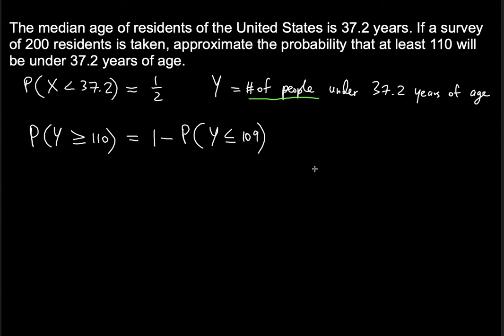So now that we have that, notice that this calls for the binomial distribution. Instead of using the binomial, because this is 109 different terms that we would have to use the binomial distribution for, that's going to be too much, right? You don't have all day to do that. So instead, we want to approximate this probability using the normal distribution.